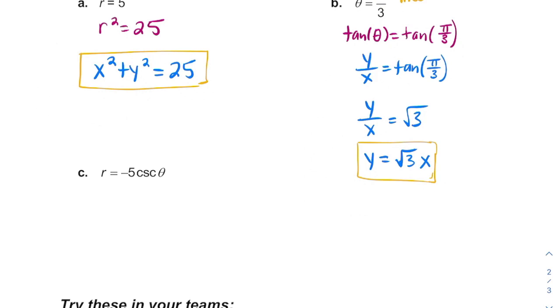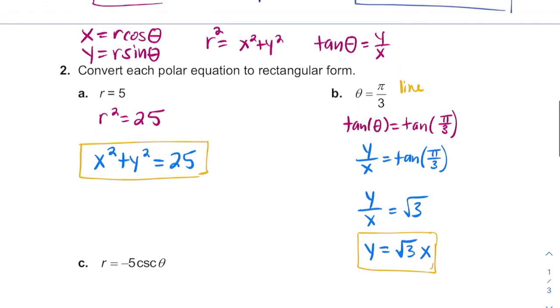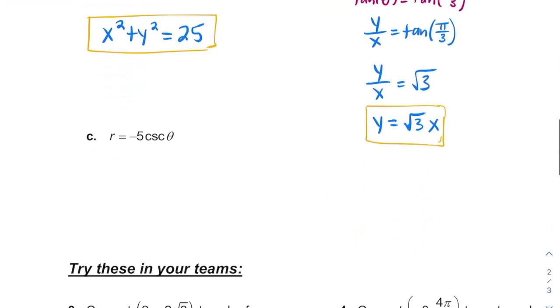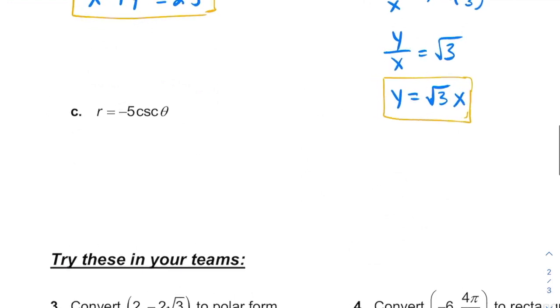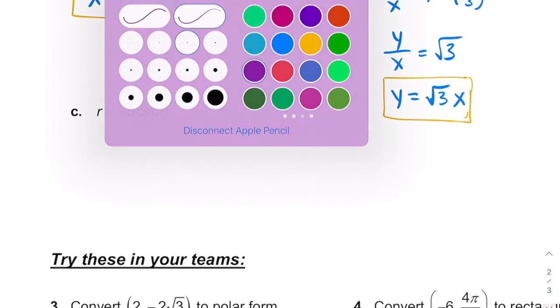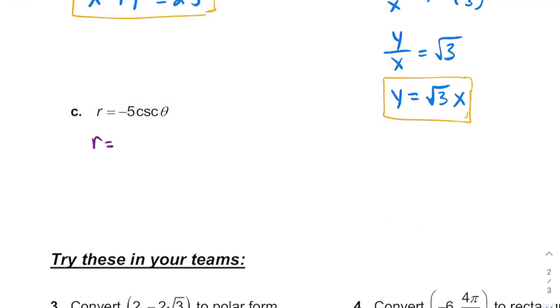So, here's what we're going to do. The only equations I have that include trigonometry functions are tangent of theta equals y over x, or x equals r cosine theta, or y equals r sine theta. So let's get this out of cosecant theta into a sine or cosine. So this is r equals, and then cosecant is the same as 1 over sine.